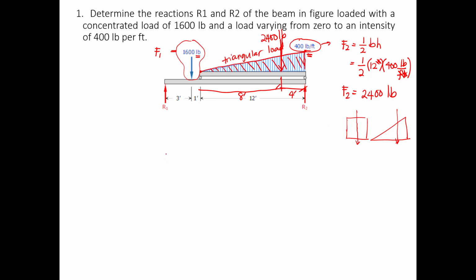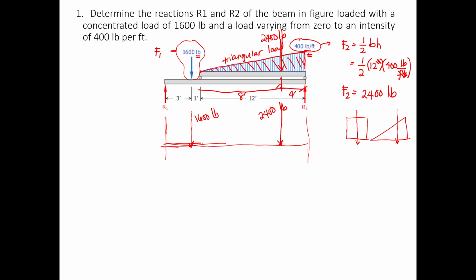So if we're going to draw again our system, this will be the 2400 force, and then this is the 1600 pound force.